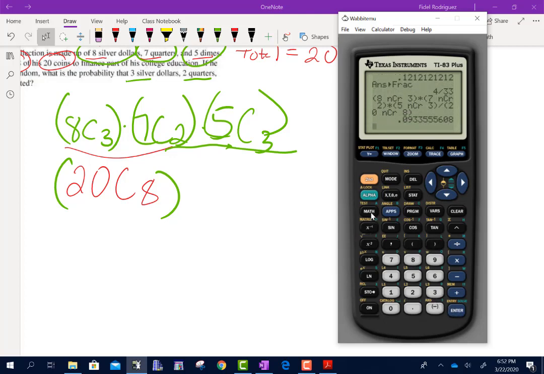Enter. Let's see if this will do it for me. Hopefully, hopefully, hopefully. So lucky today. 392 over 41.99.